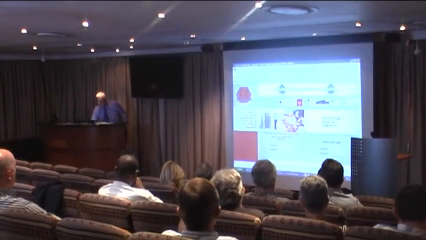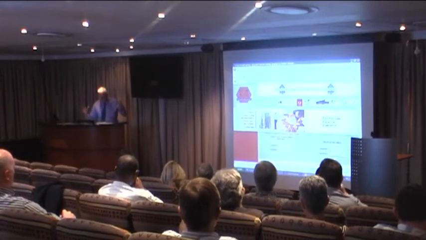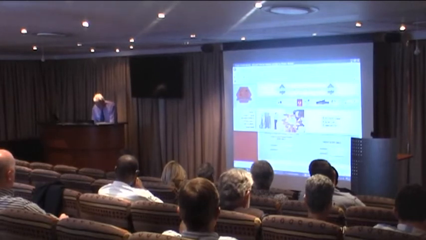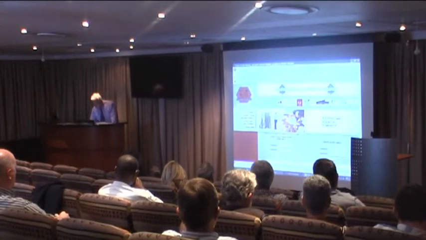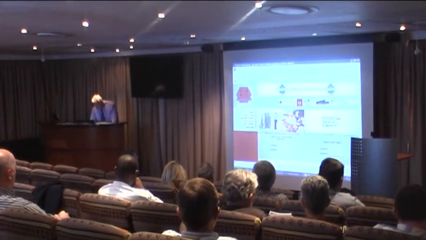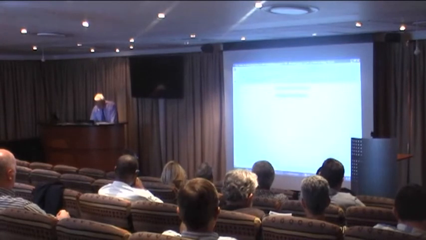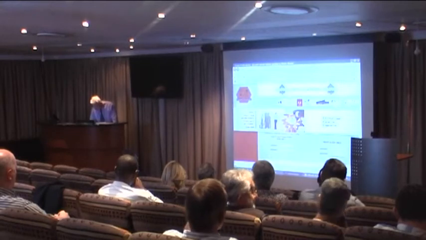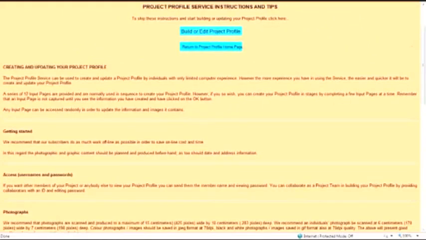When I'm creating that project website, the simple thing I do is put in my editing username and password, which I'll have to put in again. So it checks to see if I'm legitimate. And this is the editing part of the service.